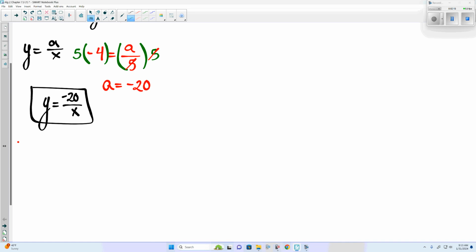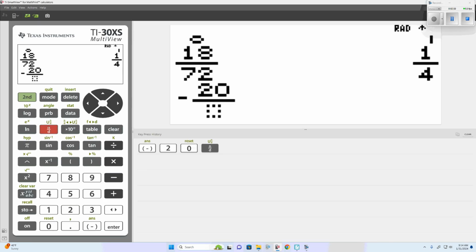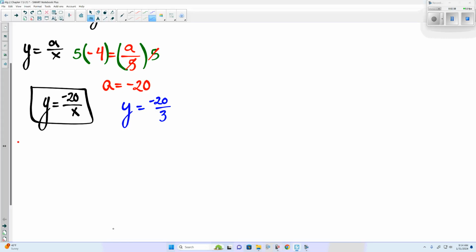Now that we have the equation, we need to find the value of y when the x value is 3. So we take that equation, y equals -20 over x, and plug in 3. So we have y equals -20 over 3.